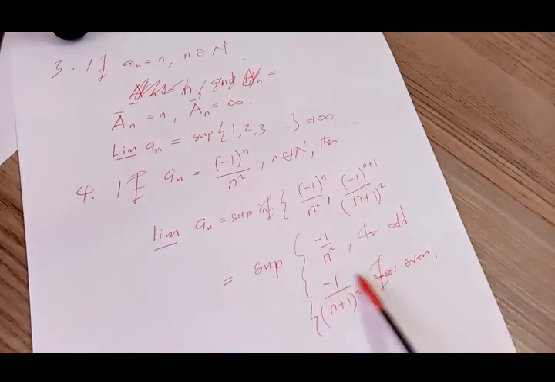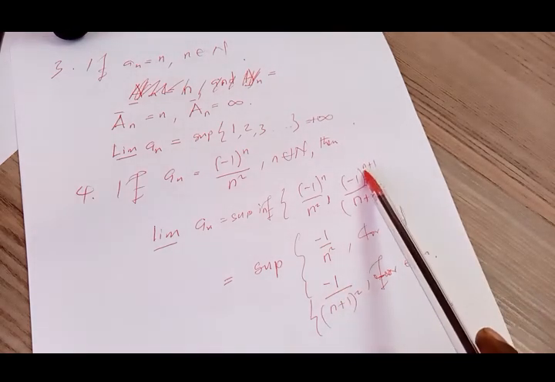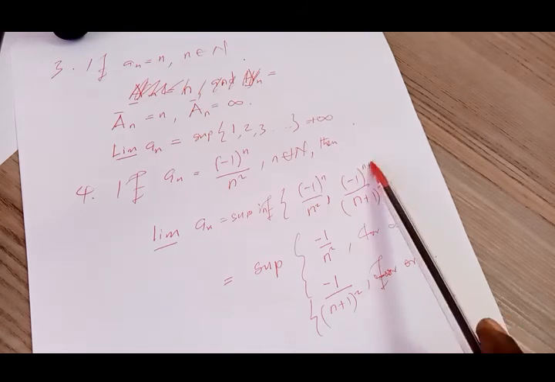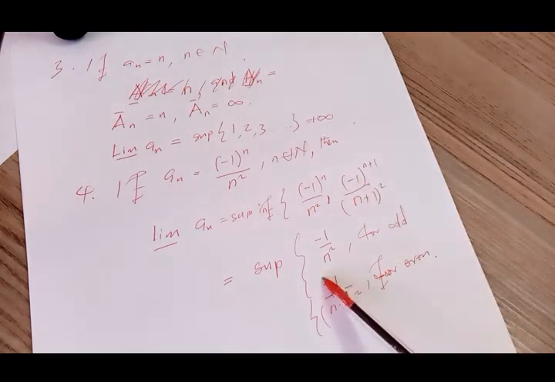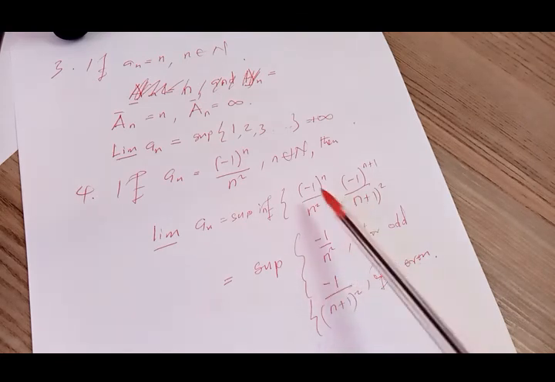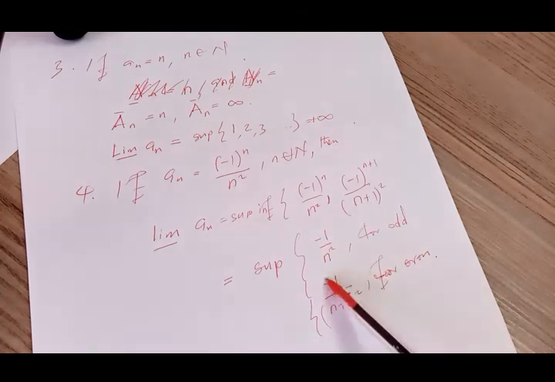And when we have even for this one, 2 plus 1 will become odd. So the moment n is even, this one will behave like this. The moment this one is odd, it will behave like this. So take note, I'm not saying this one cannot be positive, but the statement is what we are looking at.